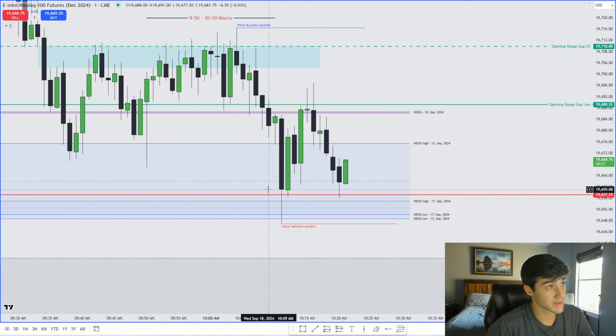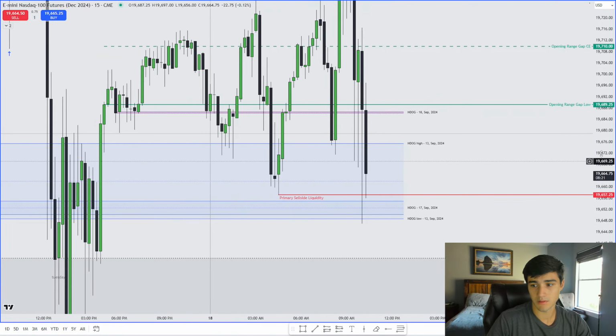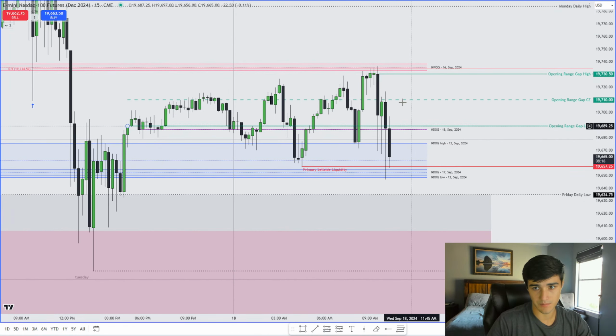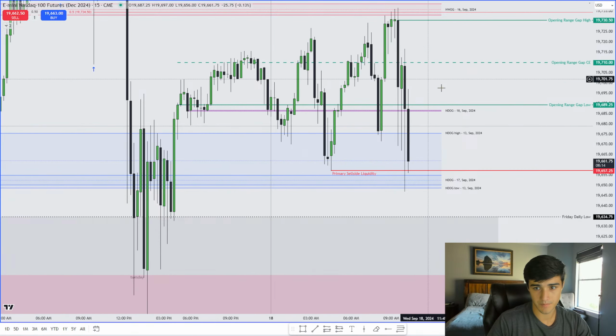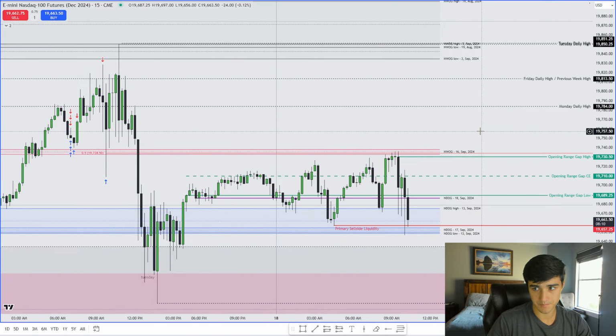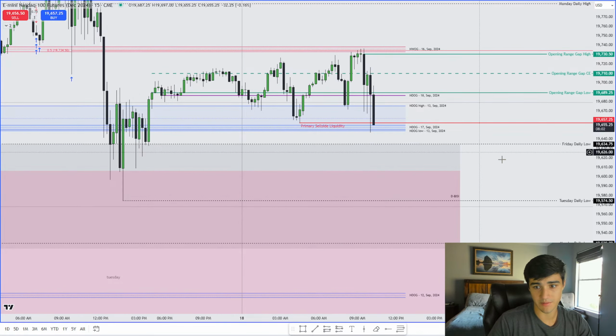So if the market really is heavy, then our next draw is Tuesday's low. We're in closer proximity to the previous day low. It's not reasonable to see the market come all the way back up here to the previous day high, because we're in closer proximity to the previous day low.